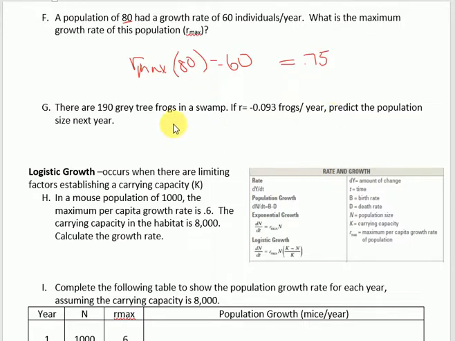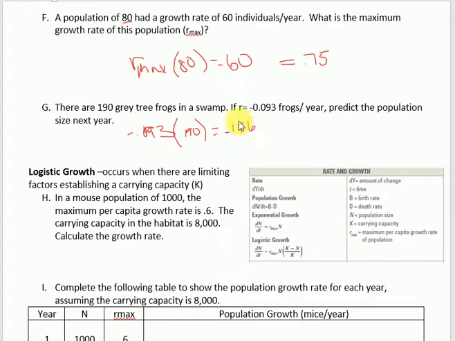Here we've got 190 gray tree frogs in a swamp. If the R equals negative 0.093 per year, predict the population size the next year. So in this case, we're starting out with a negative number, which is why I threw this one in here. And we're going to do the same math. So that ends up as a negative 17.6.